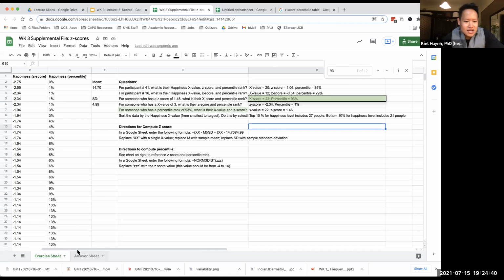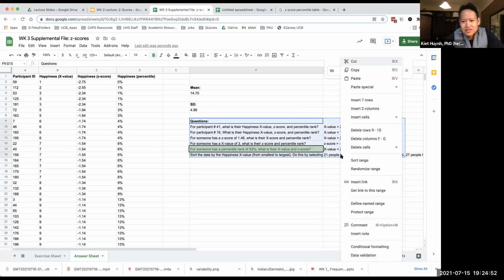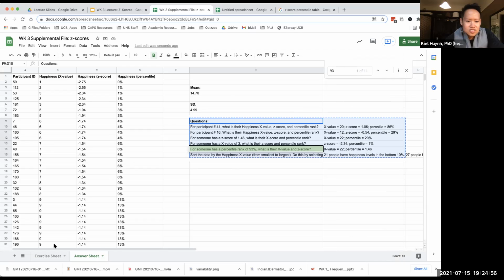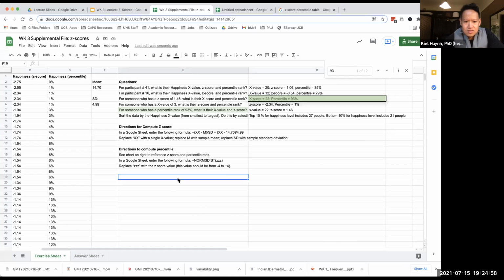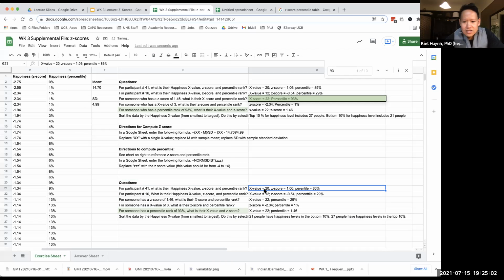Okay, and you can see here that I already did this. This is the answer sheet if you click on the bottom here. And we can compare the answers, make sure we get the same thing. Copy, I'll paste it here. Okay, you see here, these match. This says 85, this says 86% as far as the percentile.